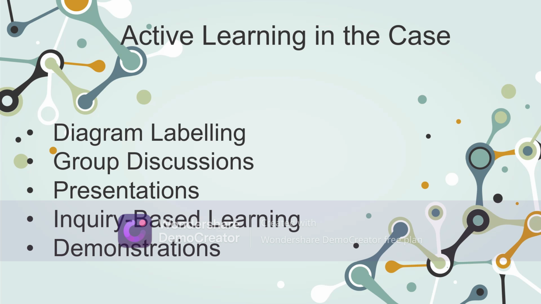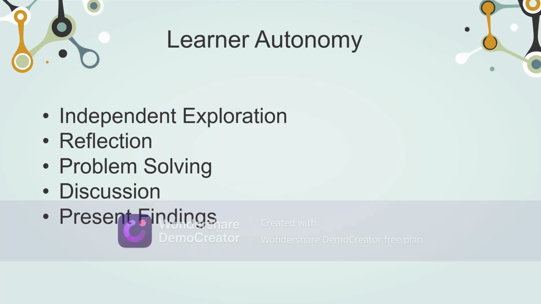For example, students labeled respiratory system diagrams, participated in group discussion, presented findings to classmates, and also engaged in inquiry-based learning activities. Through these activities, students were encouraged to apply knowledge, analyze information, and also build deeper understanding.